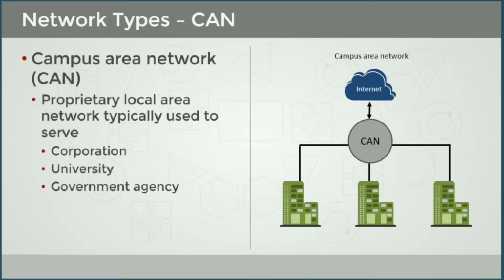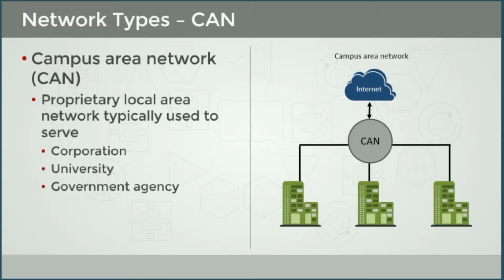Now, a CAN is a campus area network, and this is kind of a middle ground. This typically involves proprietary local area networks that generally serve corporations, universities, or government agencies. So again, kind of a middle ground between the LAN and maybe the MAN, because it might not expand to an entire city, for example. As its name indicates, a good example is a college or university campus.